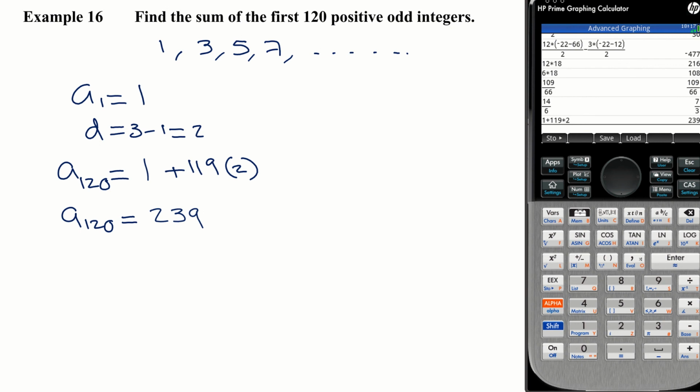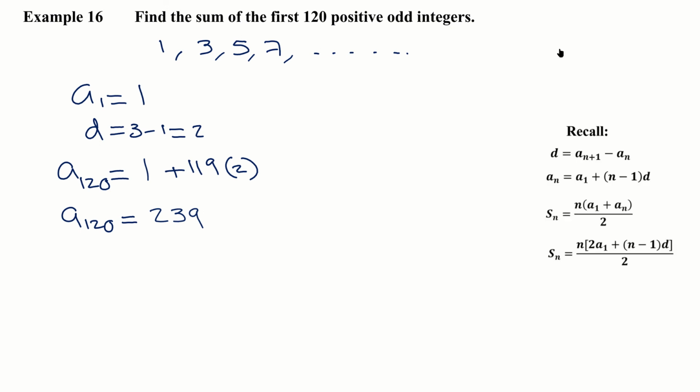Because now we basically want S120 for this sequence. That means we're going to find out what 1 plus 3 plus dot dot dot plus 237 plus 239 is going to be.